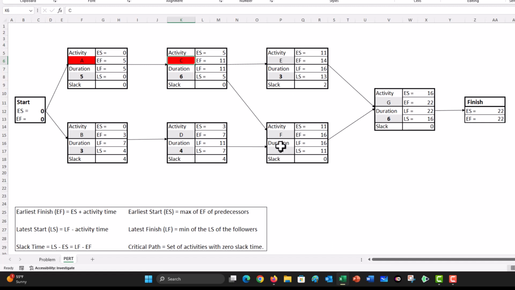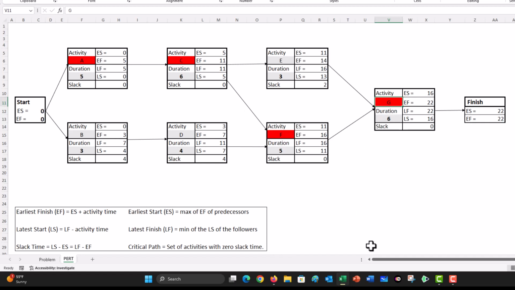We go to activity F. It has a 0 slack, so F is on the critical path. We go to activity G. G has a slack of 0, so G is on the critical path. And obviously the start and finish activities are on the critical path. So we can see our critical path is A, C, F, G.